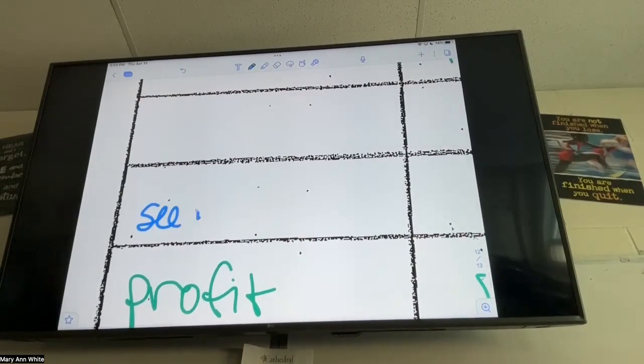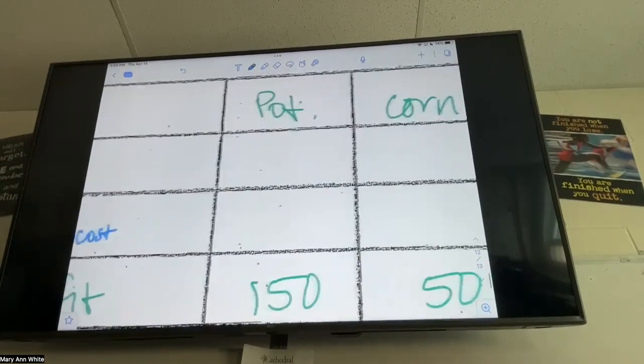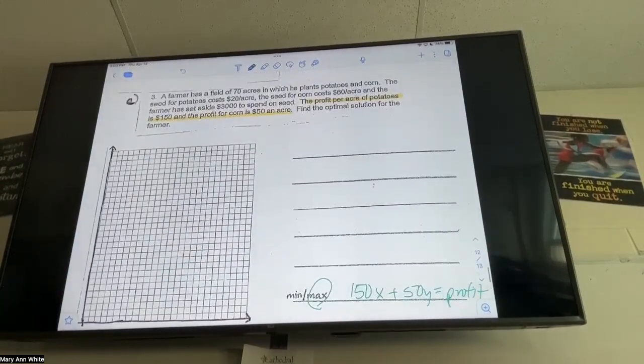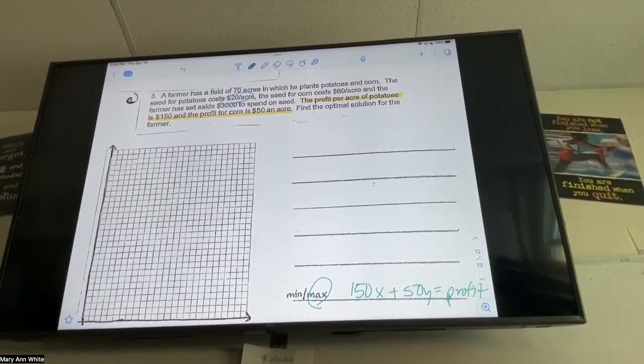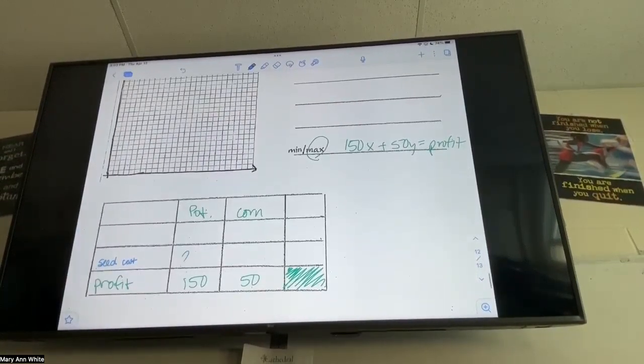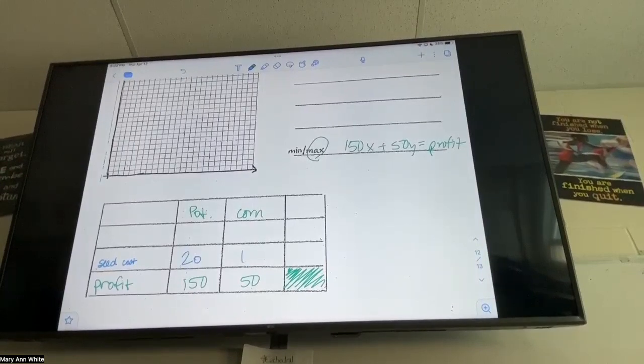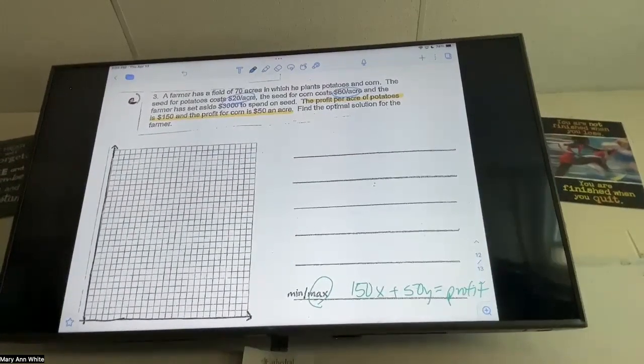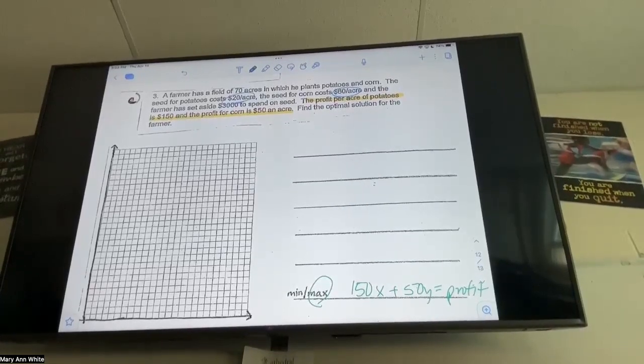How much does it cost to buy seeds for potatoes? How much for potato seeds? $20 an acre, good. What about corn? $60 an acre, perfect.